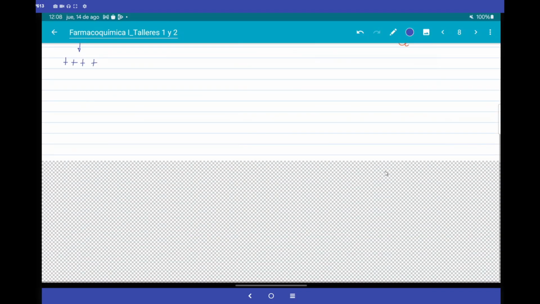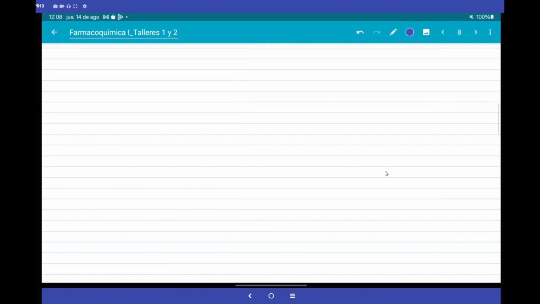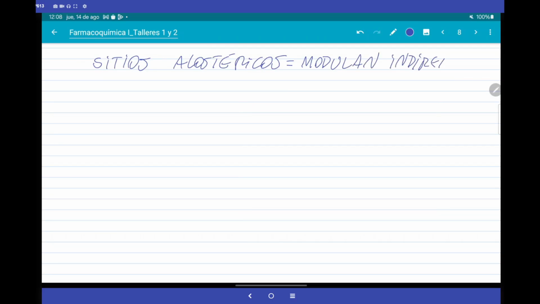For example, taking advantage of the orthosteric site, there are also allosteric sites, which are not the orthosteric site, but they modulate the receptor indirectly.